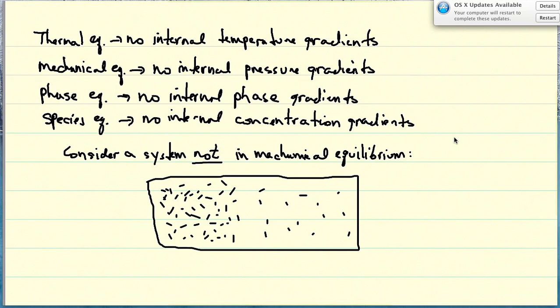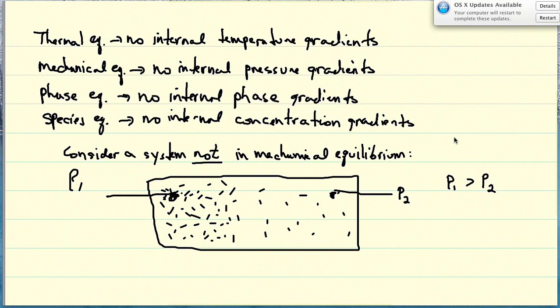If I were to stick a probe in there and take a pressure measurement, and I call that P1, and then I were to take a pressure measurement over here and call that P2, obviously P1 would be greater than P2. That's a mechanical non-equilibrium. That's a mechanical gradient.